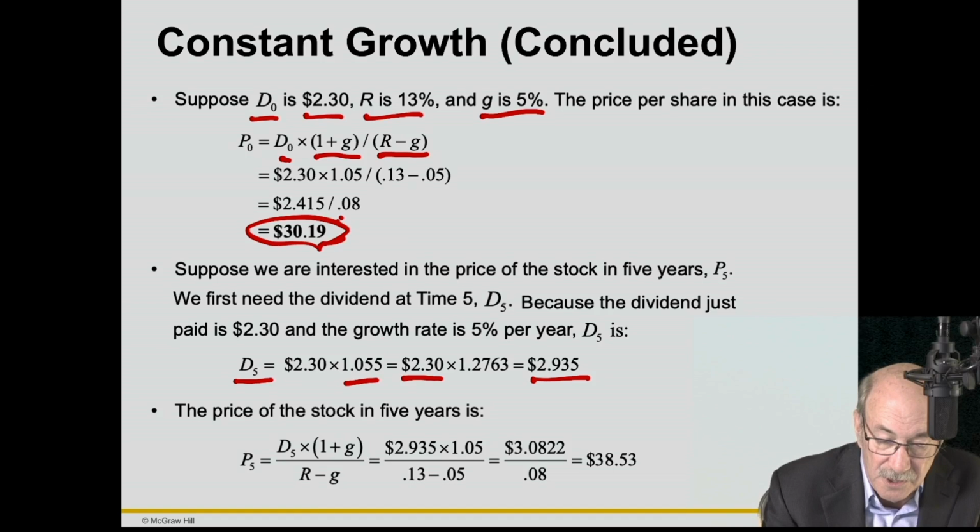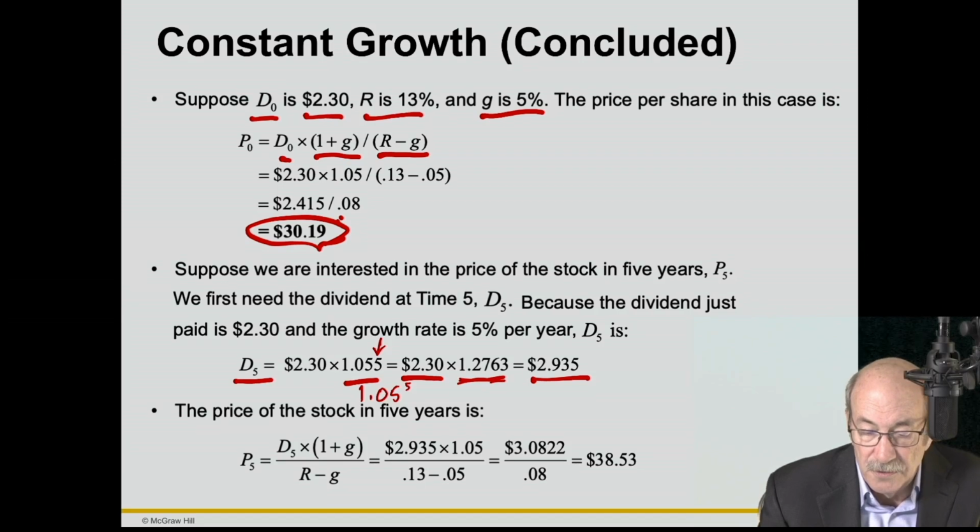In fact, this is an error. This should be 1.05 raised to the 5th power, and that turns out to be 1.2763. So the dividend at time 5 is $2.935. So we grow that $2.935 for one more period.